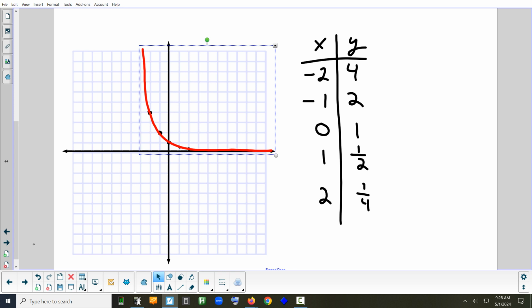Any questions on that? If you don't want to pick these as your x values, you can pick different ones. The problem is if you pick numbers that are too big, you're going to get way off the graph. So I would stick with those 5 x values.